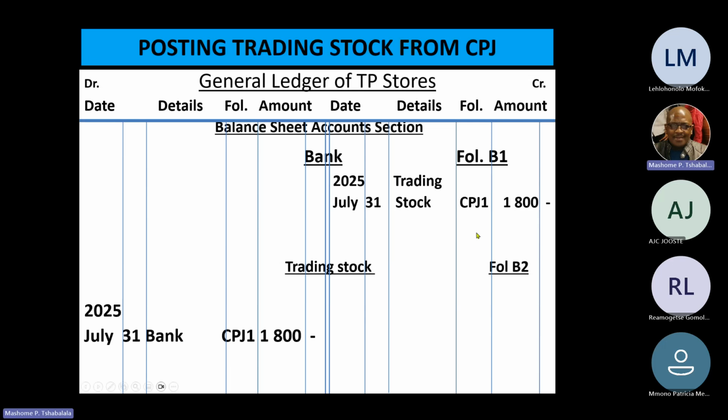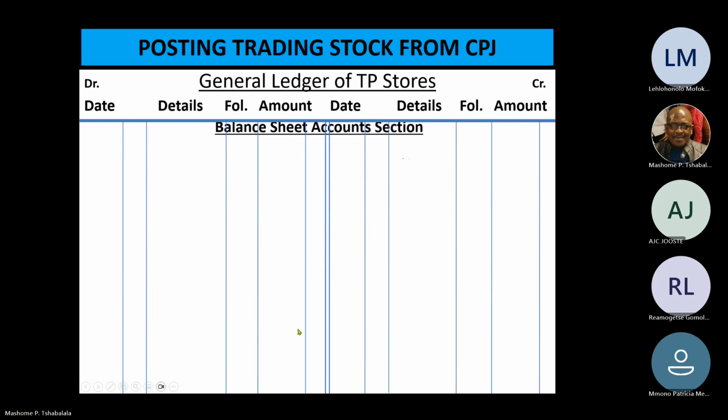Trading stock account will increase and the bank account, as an asset, will decrease. This one is an individual account, one account. Bank will decrease because of the trading stock. And again, the trading stock account will increase because we have purchased the trading stock.